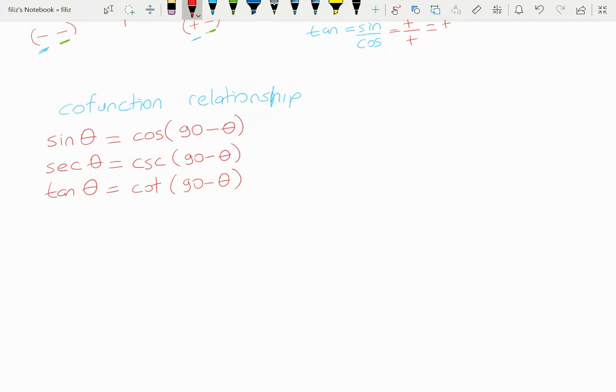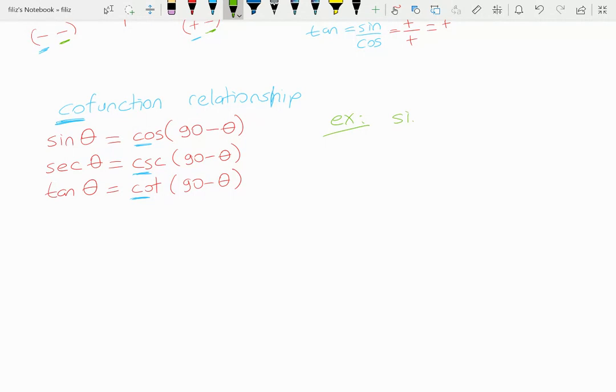So like sine, cosine, secant, cosecant, tangent, cotangent. Co means they are the same. 90 minus theta equals the other one's theta. Let me give an example.